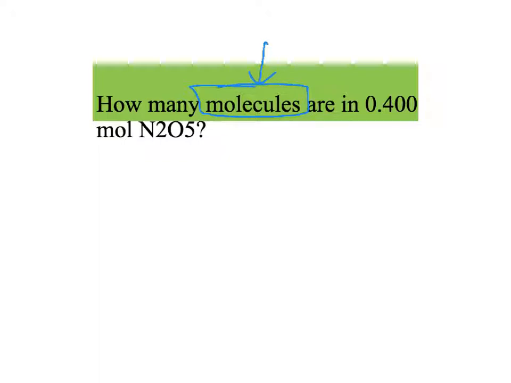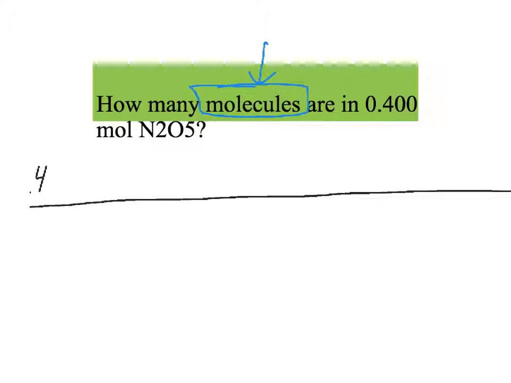It's all the same. So I'm going to start out by drawing my table. How many molecules are in 0.4 moles of N2O5? Make sure that you're writing this down: moles of what? N2O5. Be specific. The more specific you can be, the better off you're going to be in this unit. We're trying to go into molecules.